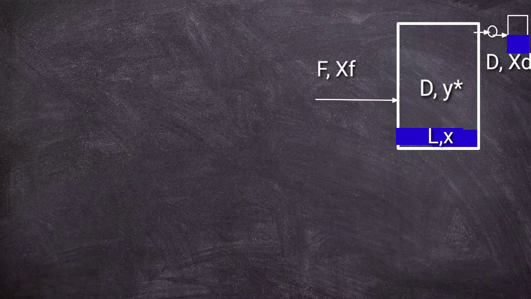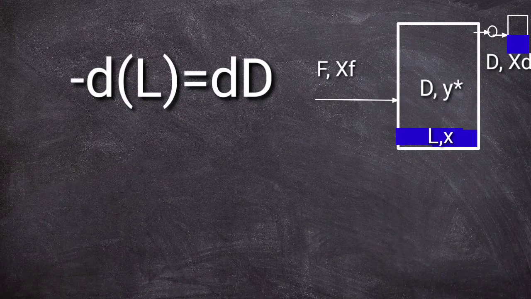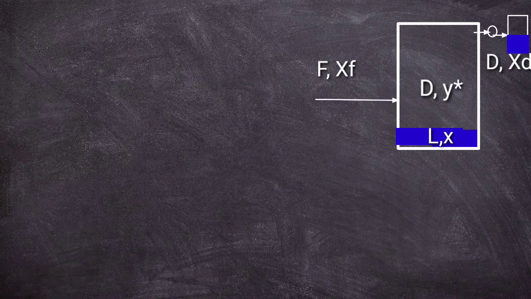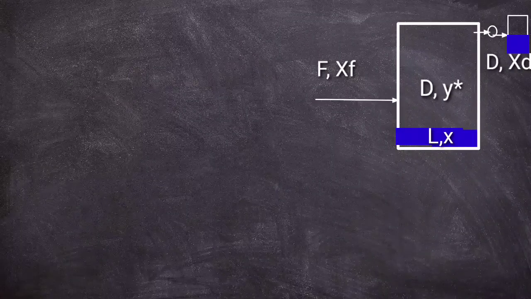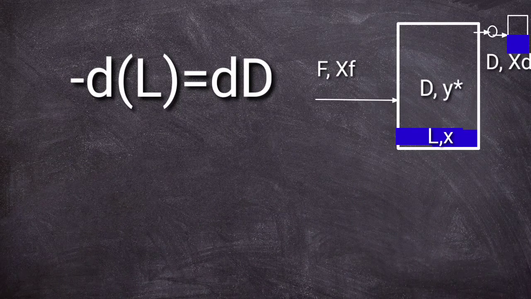At any time, if dL amount of liquid is vaporized, then dD amount of vapor will be produced, because the liquid is ultimately getting into vapor, and both are equal. We use the negative sign because the amount of liquid is decreasing, so dL will be negative. So that's our first overall differential material balance.